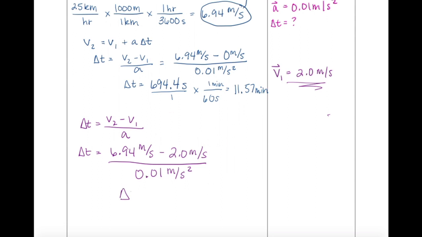So our delta t is 494.4 seconds. And then if we convert this into minutes, we get 8.24 minutes. Okay.